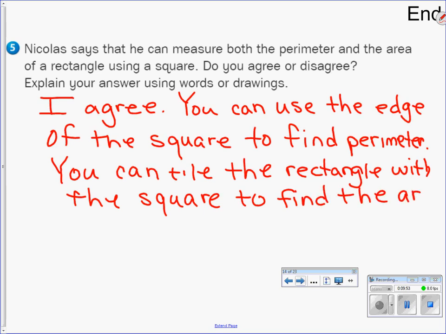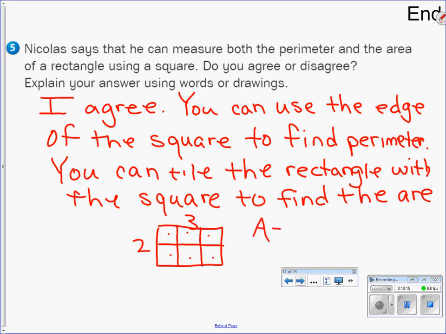So what that means is if I have a 2 by 3. To tile it, I'm going to have 2 rows, and I'm going to have 3 in each row. So there, I tiled it. So I have 2 this way and 3 going across. So to find the area, I just count them. 1, 2, 3, 4, 5, 6.